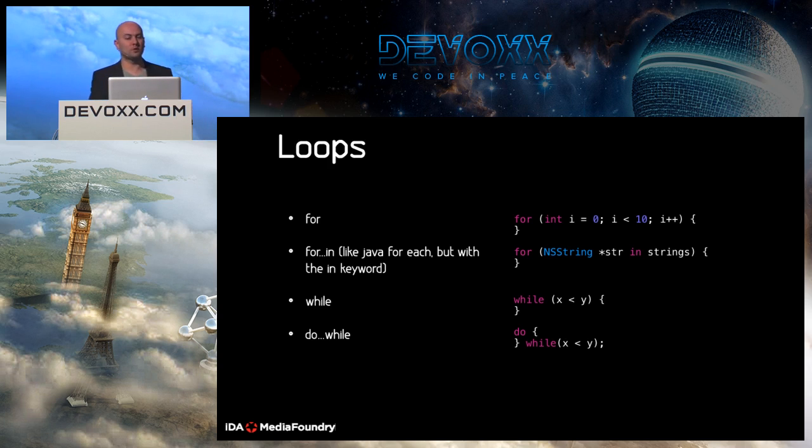Now let's look at flow control of your code. We used already the conditionals. It's exactly the same as in Java, with exactly the same operators, with exactly the same syntax, so I can skip this one. The for loop is the same as in Java, except for the for each loop. Instead of using for colon, you use for in, but it does exactly the same thing, so you can iterate over everything that's a collection.